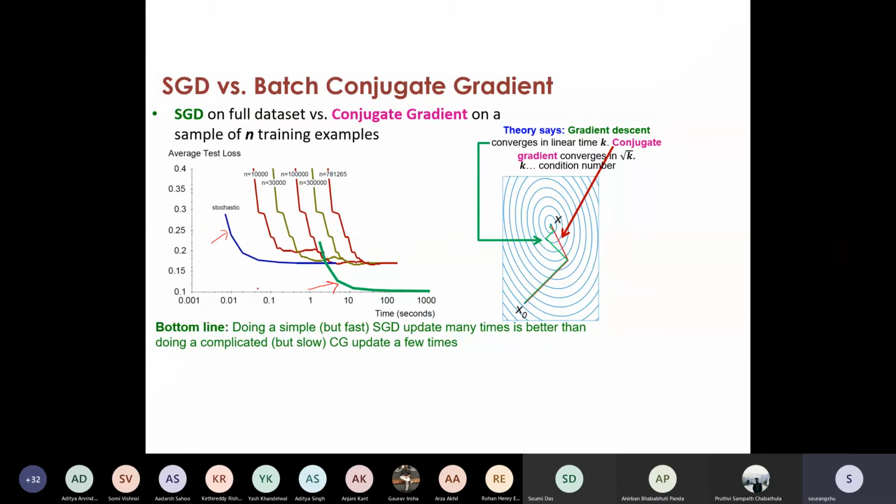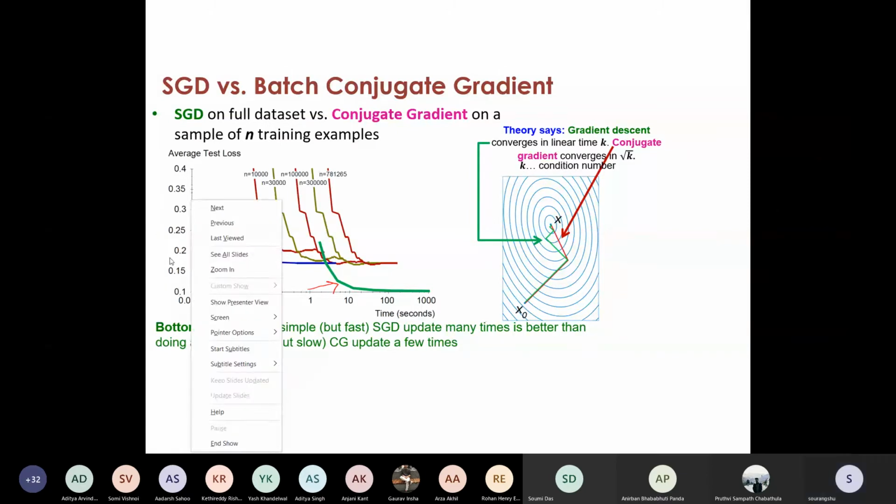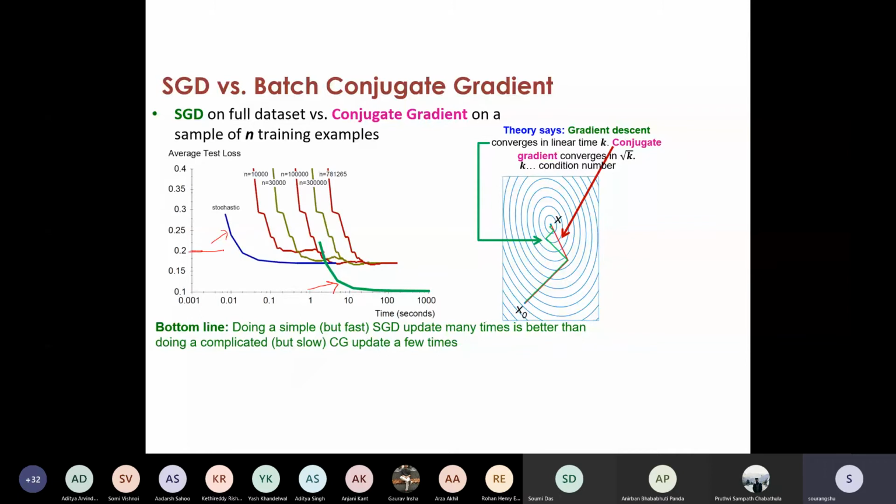So you can see that you can reach a test loss value of 0.2 very quickly, or even something like 0.15 or 0.16 very quickly, much faster than either gradient descent or conjugate gradient descent with different training set sizes, okay.